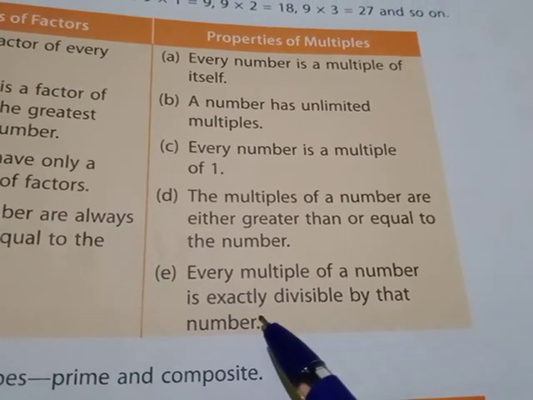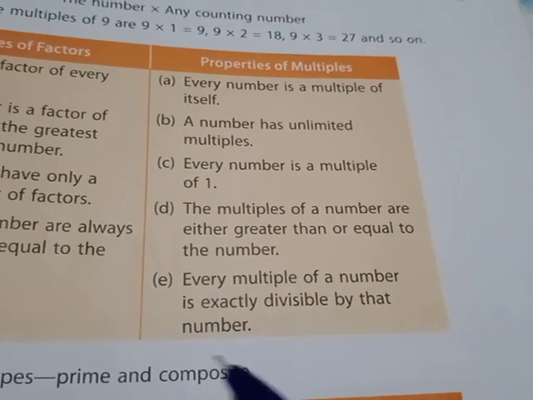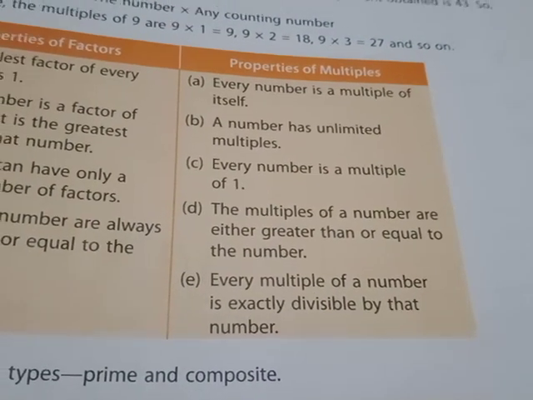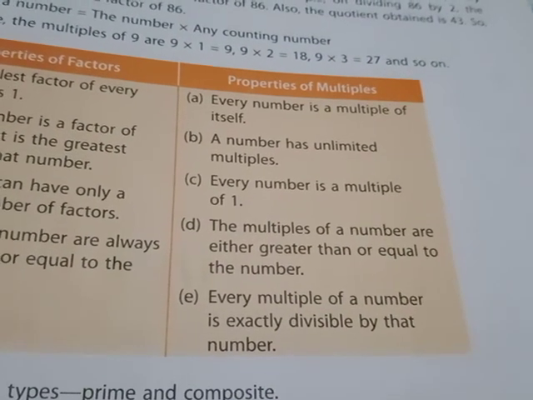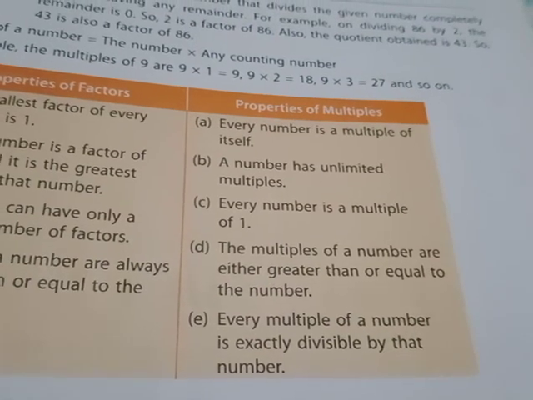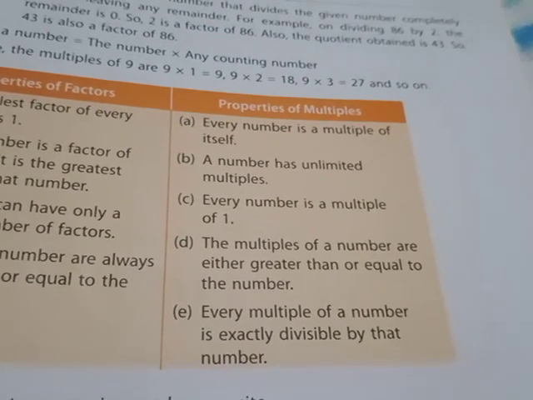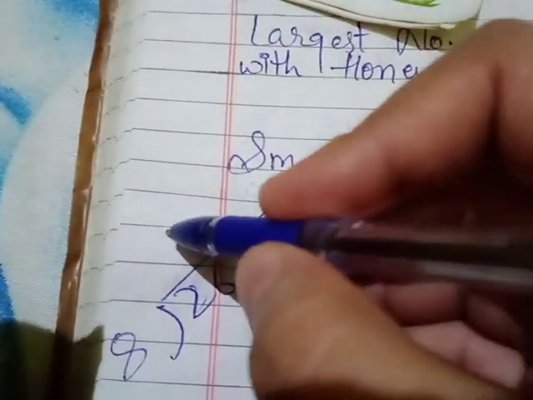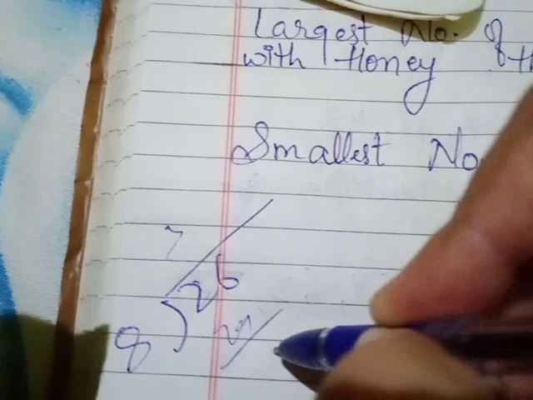Then every multiple is exactly divisible by that number. Can you say 26 is a multiple of 8? No, because when you divide 26 by 8, you will get a remainder. 8 threes are 24, 2 will remain.